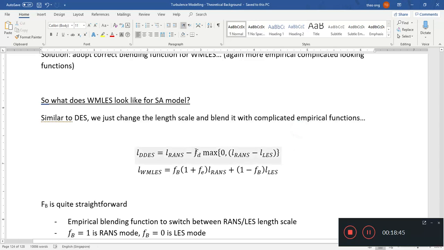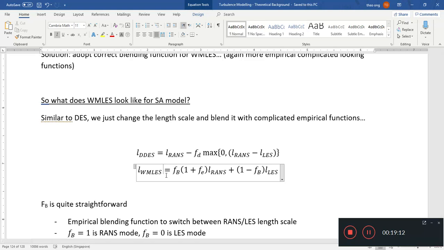Remember, both DES and WMLES are hybrid methods between Reynolds average Navier-Stokes and the LES model. It's just that the wall model LES has a heavier dependence on LES than DDES. Meaning to say, wall model LES has a higher percentage blend, so to speak, of LES.